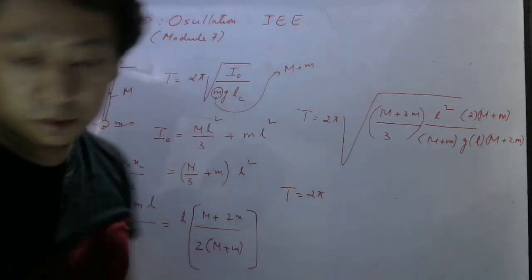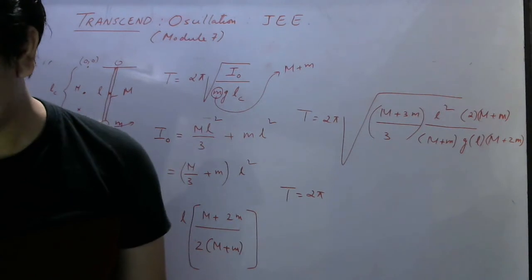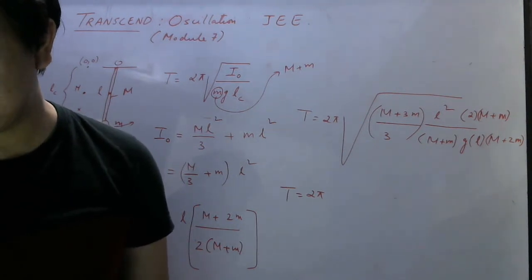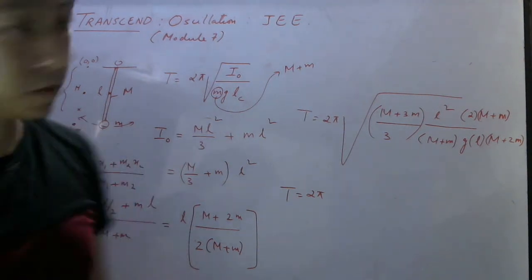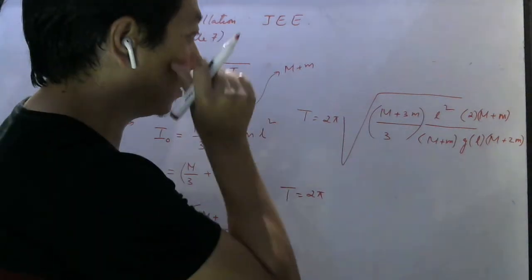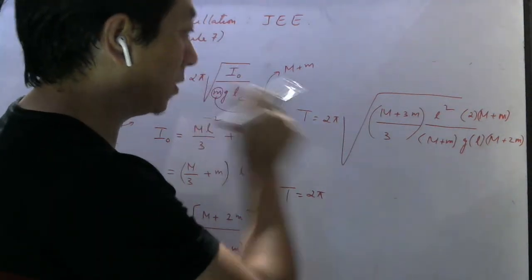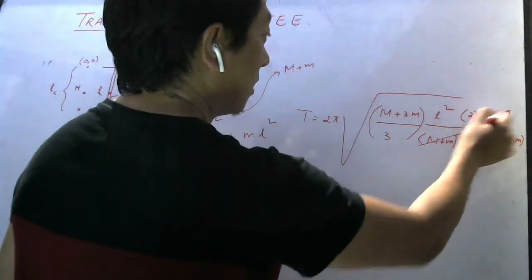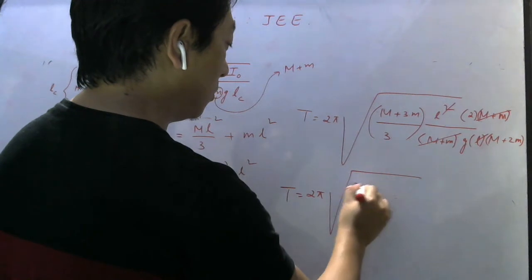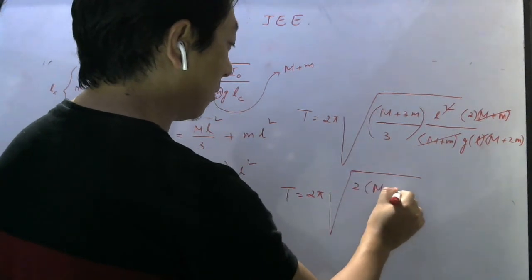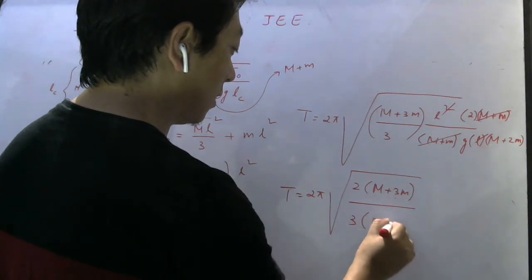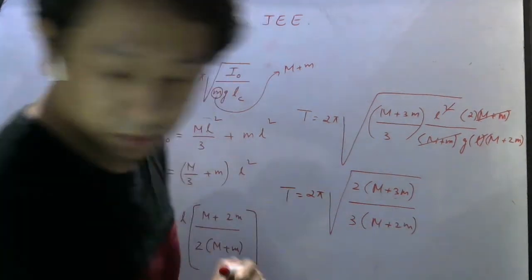Keep looking at the options also. If you look at the options, you can see here M plus m and M plus m will cancel, very good. One L will cancel, root over 2(M plus 3m) divided by 3(M plus 2m), right?